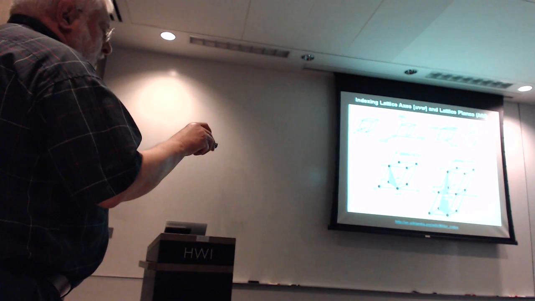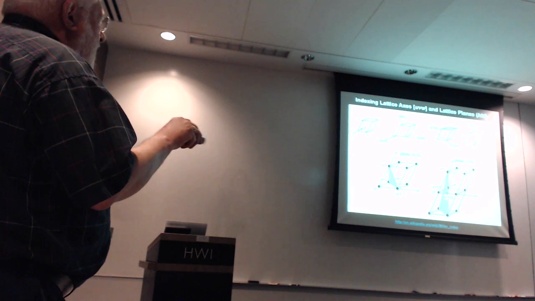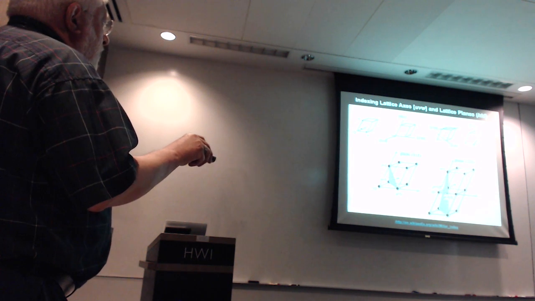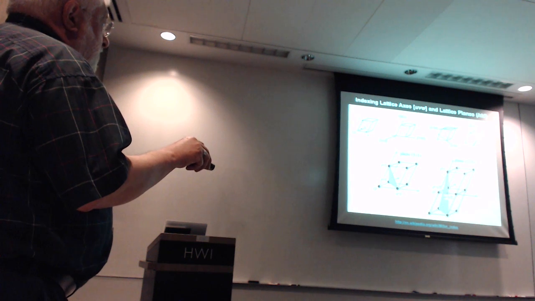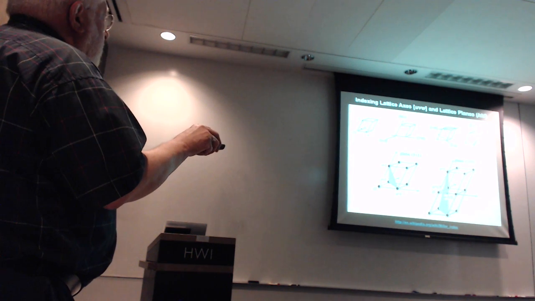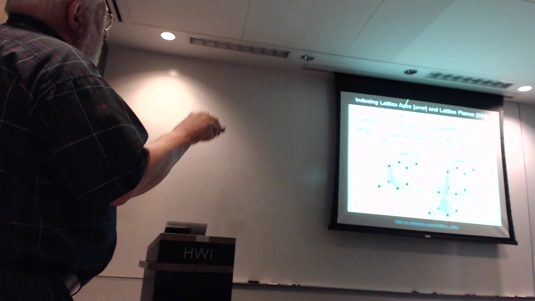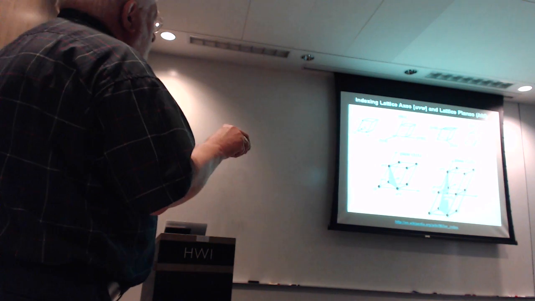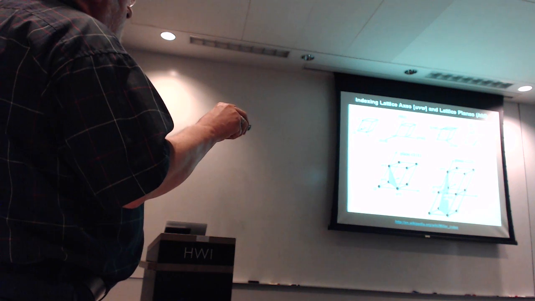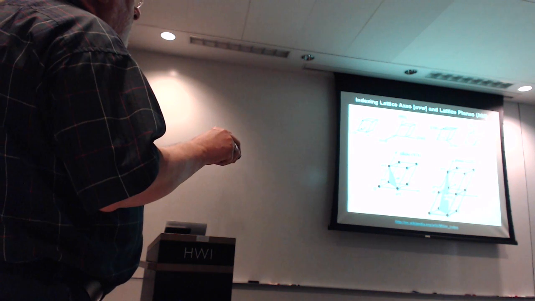Okay, so these are more illustrations that indicate how we deduce Miller indices with respect to the intercepts that the planes make on the lattice axes, and then also an introduction to the notation for defining directions with respect to the lattice axes. We designate them in square brackets, right?